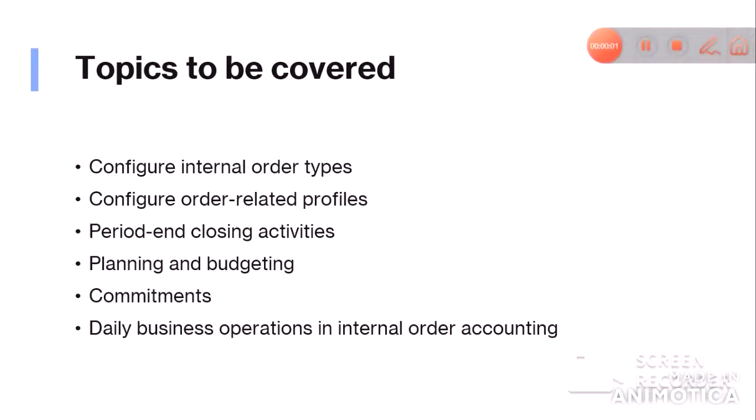Once again, let us see the topics we are going to cover in this video. We are going to cover how we configure the internal order types. We have seen that there are four internal order categories. Then configure order-related profiles: we have seen the planning profile and budget profile, and let us see how we are going to configure those. Then period-end closing activities.